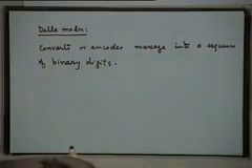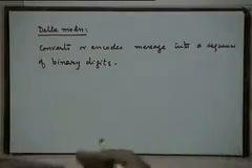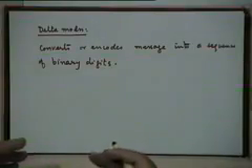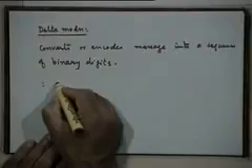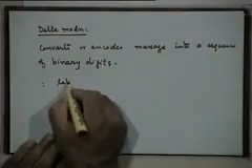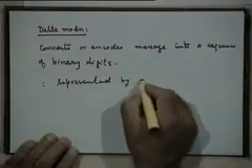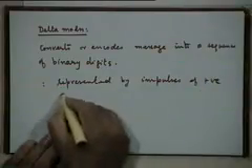These binary symbols are then represented by a train of positive or negative impulses, and that is how they are transmitted, right? That is, of course, the ideal picture. The practical picture will be that these impulses will be replaced with pulses of suitable duration, right? So these are represented by impulses of positive and negative polarity.